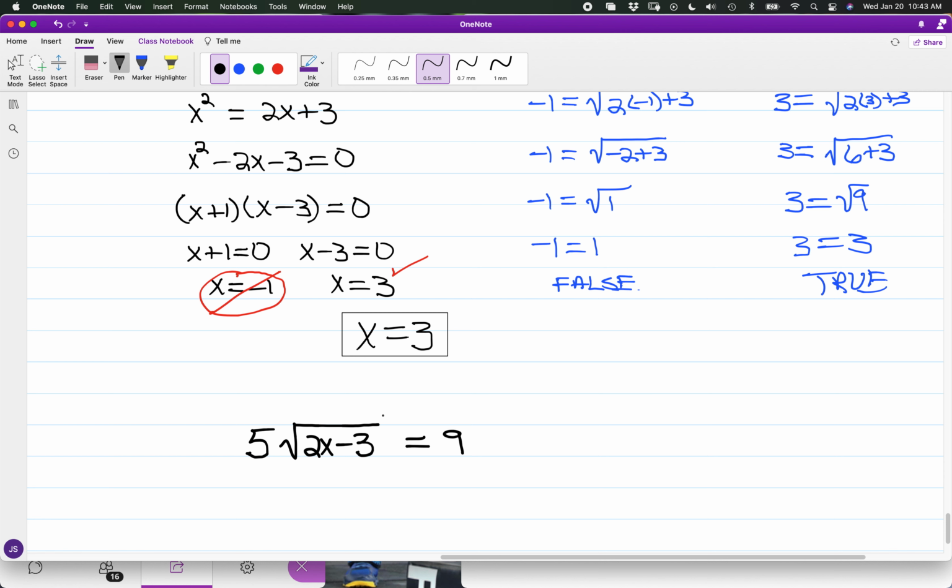Okay, now I'm looking at solving for x. So I have 5 times the square root of an expression equal to a positive constant. Now you can isolate the radical and set the square root of 2x minus 3 equal to 9/5. But I think what I'm going to do here is just go ahead and square both sides.